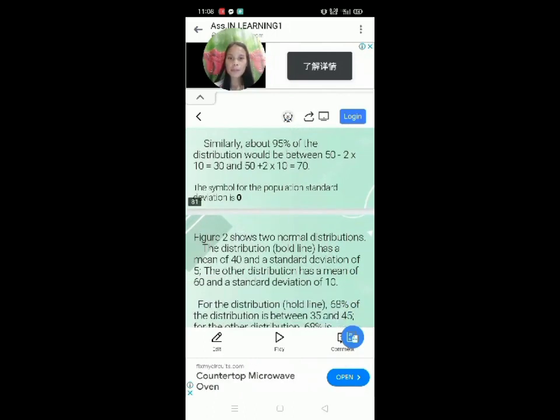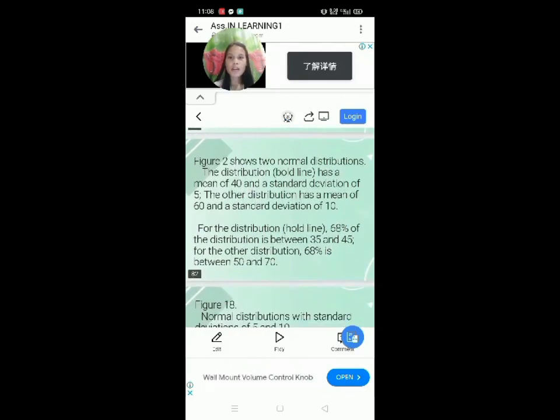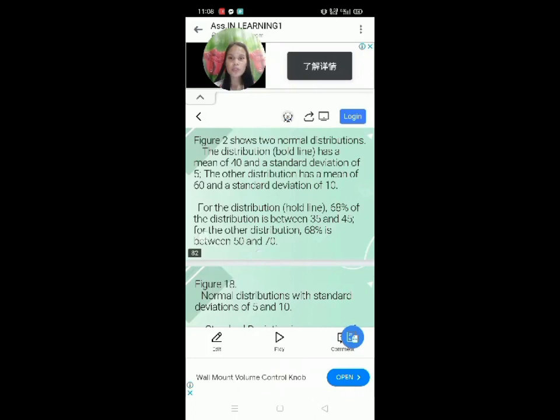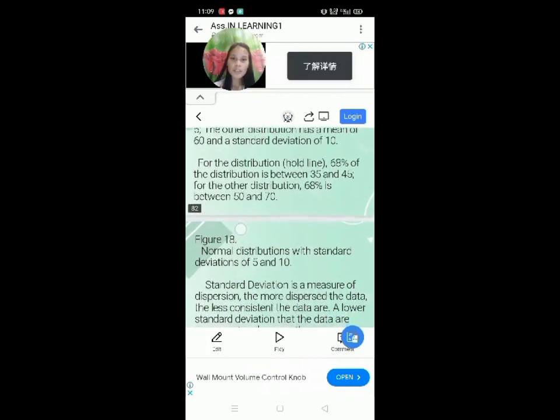Figure 2 shows two normal distributions. The distribution with the bold line has a mean of 40 and a standard deviation of 5. The other distribution has a mean of 60 and a standard deviation of 10. For the bold line distribution, 68% of the distribution is between 35 and 45.